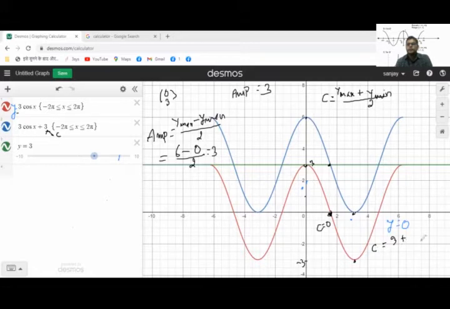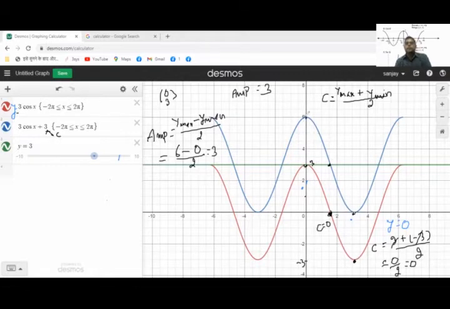So this is 3 plus (-3) over here, divided by 2, and this is 0 by 2 equals 0. All right, that means the C value is 0 at this point, and it is also given by the midpoint between the maximum point and the minimum point.